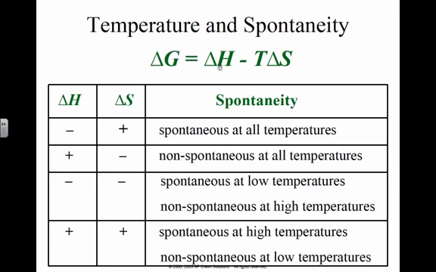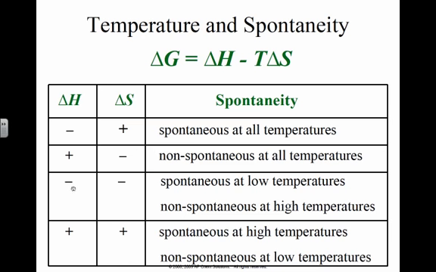So if I plug in signs here, like a negative sign, if it's exothermic and the reaction brings more disorder, the reaction is always spontaneous at all temperatures. If the reaction is endothermic and it brings more order, then the reaction is non-spontaneous at all temperatures.